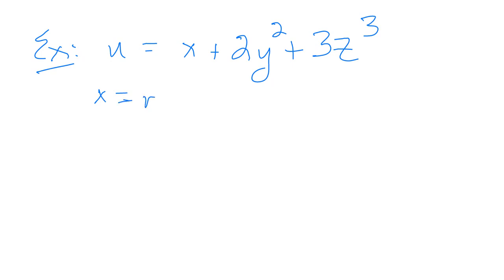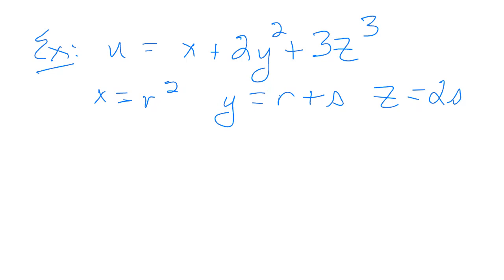So let x equal r squared, let y equal r plus s, and let z equal, it doesn't really matter, 2s. Okay, so we got something like this.